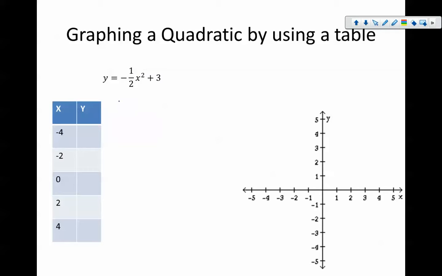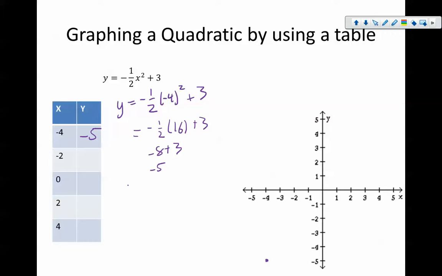So I'm just going to plug these numbers in, right? I have x equal to -4, so I'm going to replace that in my equation here and then solve. So this is -1/2 times 16 plus 3, which is -8 plus 3, or -5. So when I plug in -4, I get -5. So there's my point right here.